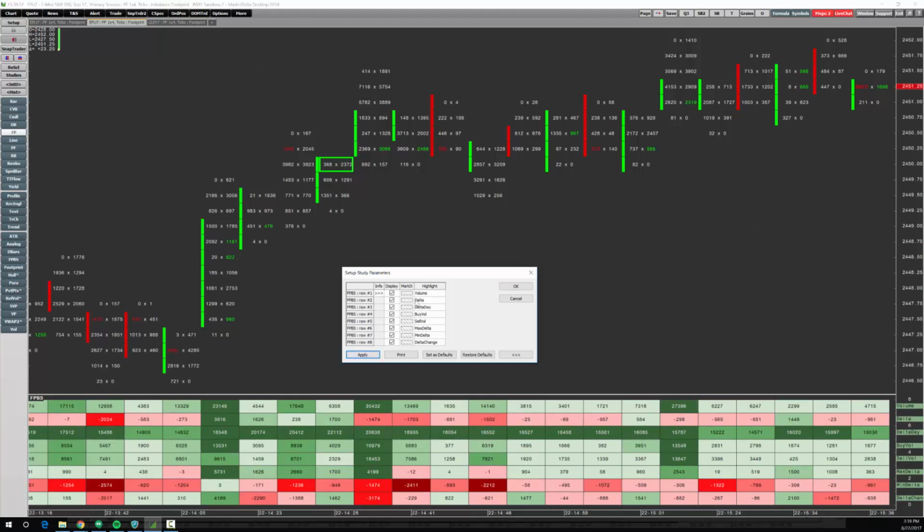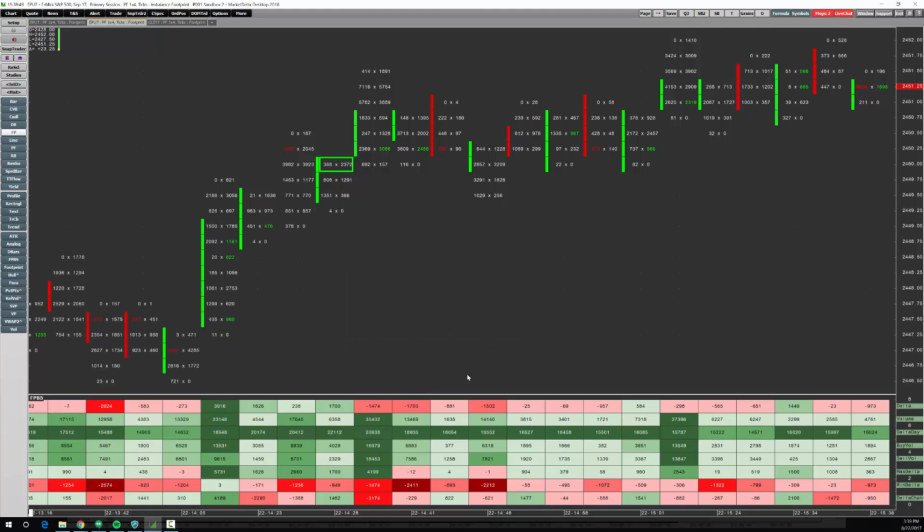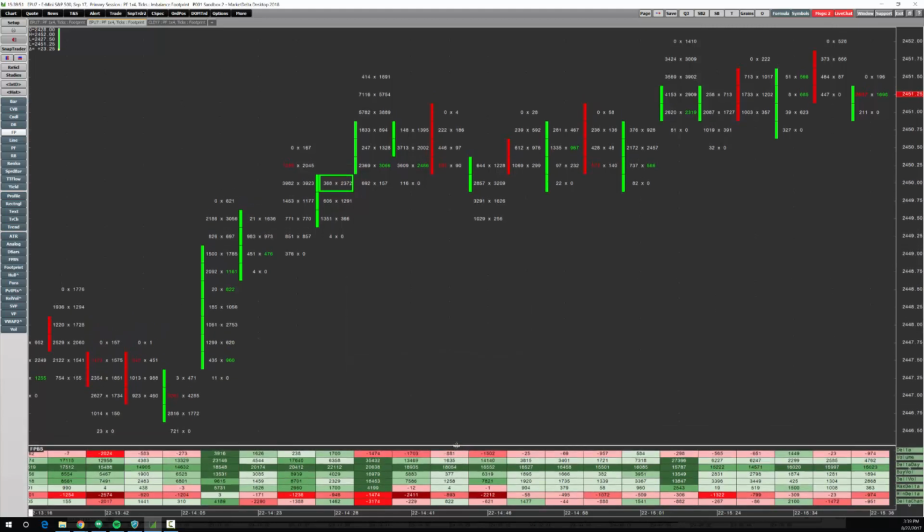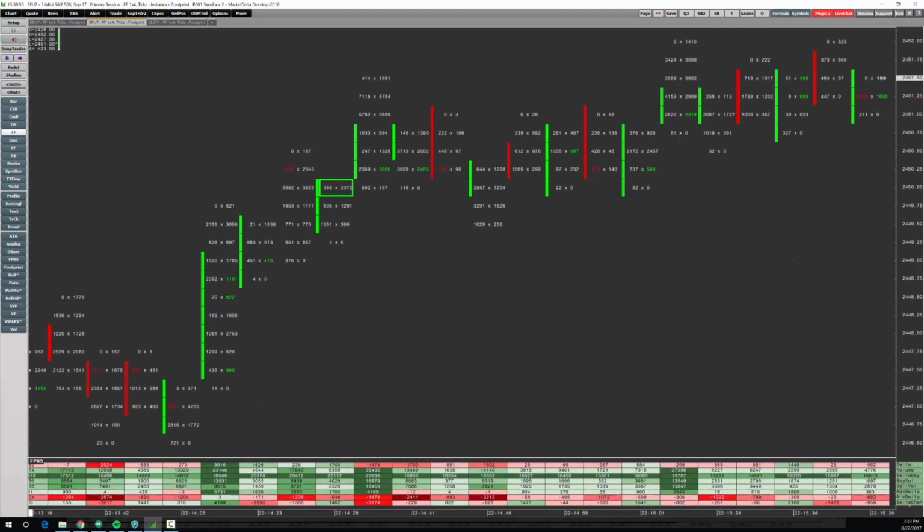And if you want to arrange them, just go in here. Say I want delta to be the top one and then volume to be the second one, it just arranges them accordingly. Click OK. You can size it down or however you want to view it. But you may not need them all.